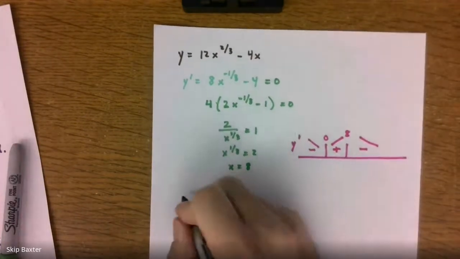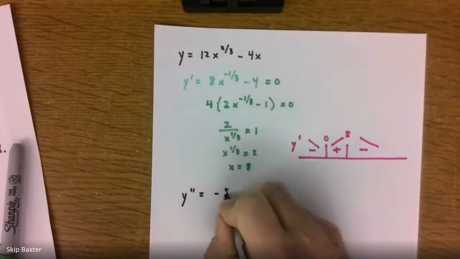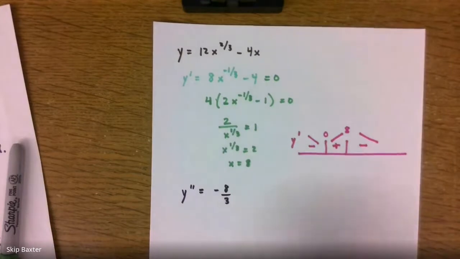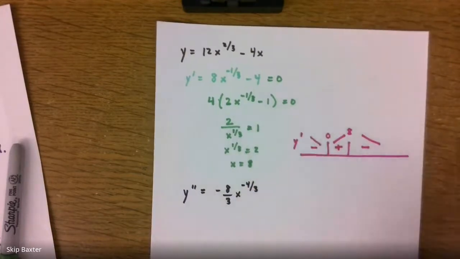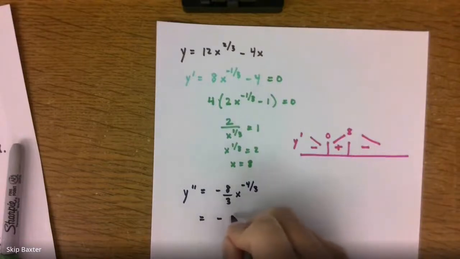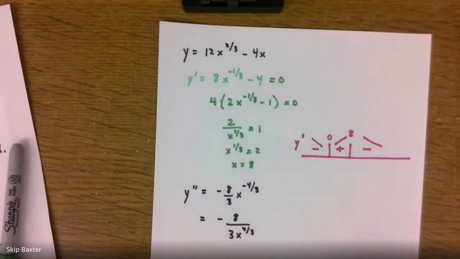For the second derivative, y double prime would be negative 8/3 x to the negative 4/3. And that's it, which is negative 8 over 3x to the 4/3. It's never 0, but x equals 0 is a potential inflection point because that's a point where this is undefined, right?